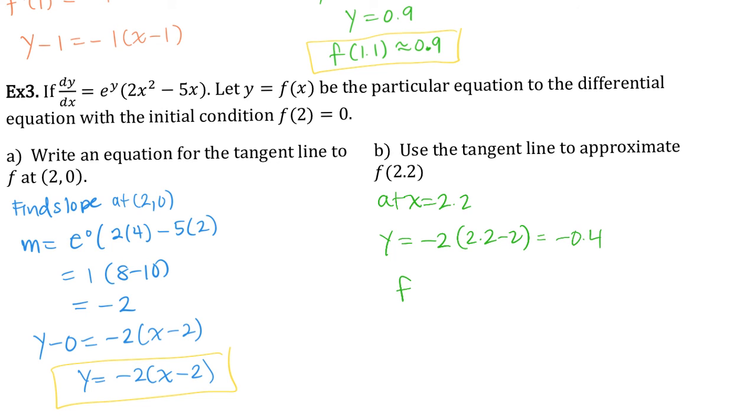Which is telling me that f of 2.2 is about negative 0.4. And in this case, I don't have the original function, so I don't actually know how close I am, but it should be a decent approximation.